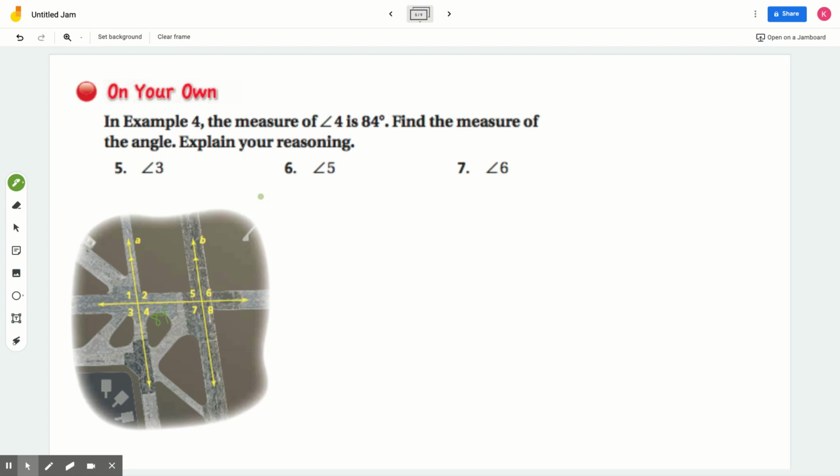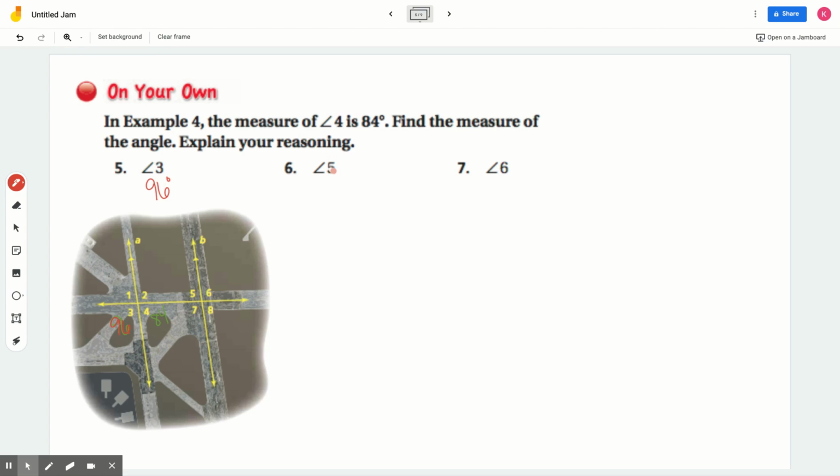Find the measures of the angles and explain your reasoning. If angle 4 is 84, we can subtract 180 minus 84 to get 96 to give us angle 3. So angle 3 is 96 degrees, and that is because it's supplementary with angle 4.